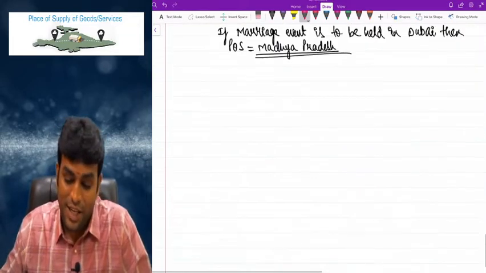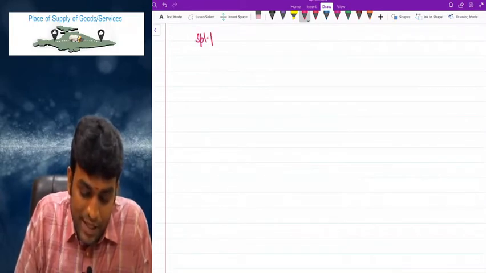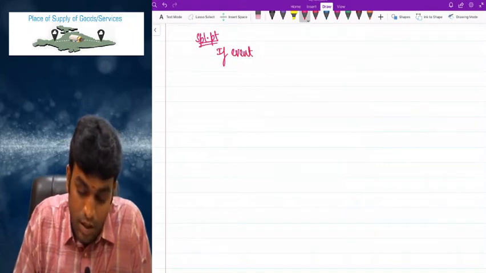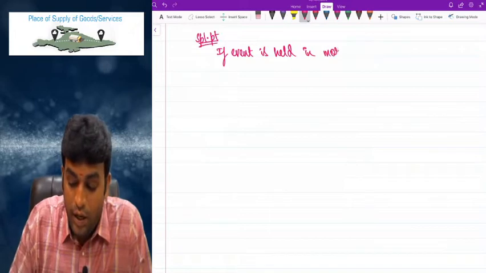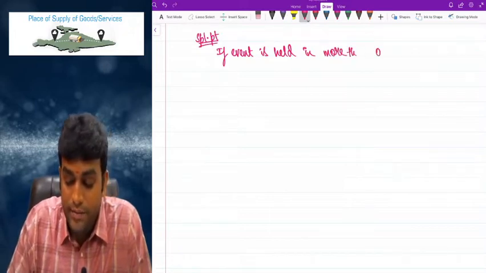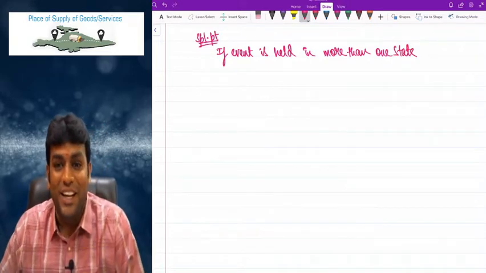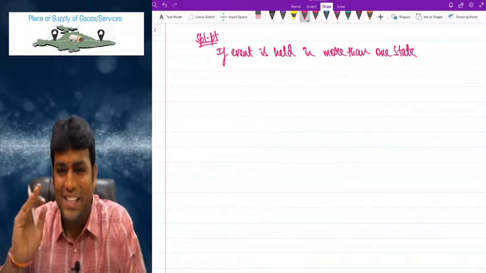Next interesting language, guys. One special point which is there in 12.7 is that if the event is held in more than one state, so this concept is something like, if you remember in 12.3 we learnt, if immovable property is located in more than one state, exactly similar language.